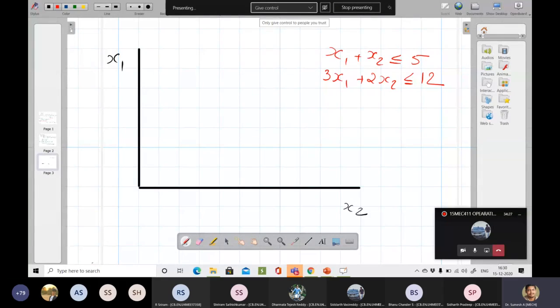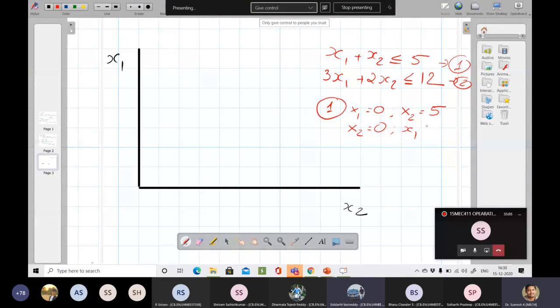By substituting x1 equals 0, we will get the value of x2 as 5. Now substitute the value of x2 as 0, then we will get x1 as 5.